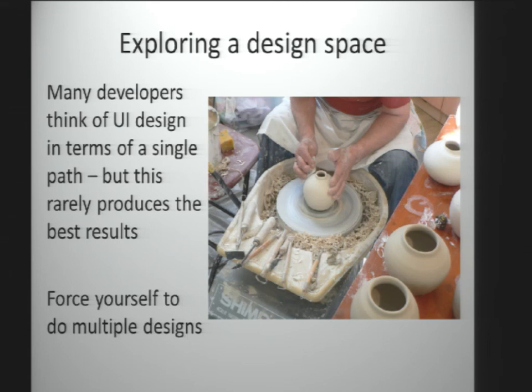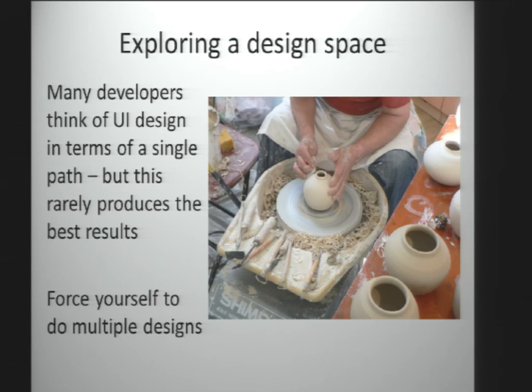Have you ever been in that meeting where you presented someone with a single screen that you had designed and said, please give me feedback, please help me understand? And now it breaks into a food fight over, well, this should be 3 pixels further over, and I don't like that color. How many of you are familiar with that meeting? If you do multiple ideas, you will never have that meeting again.